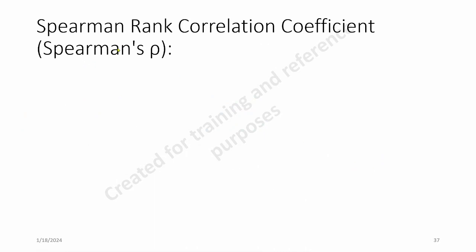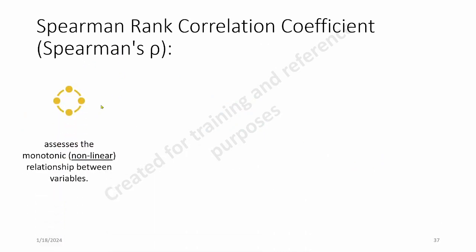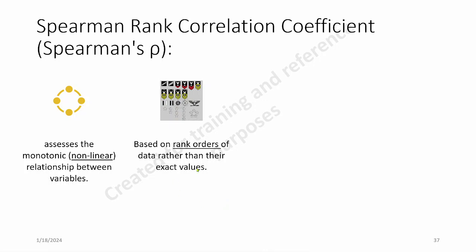On the other hand, Spearman rank correlation is used when we have a non-linear relationship within the variables, and this is based on rank. Compared to Pearson's, this is somewhat different. We use the rank orders of the data values rather than the exact values.